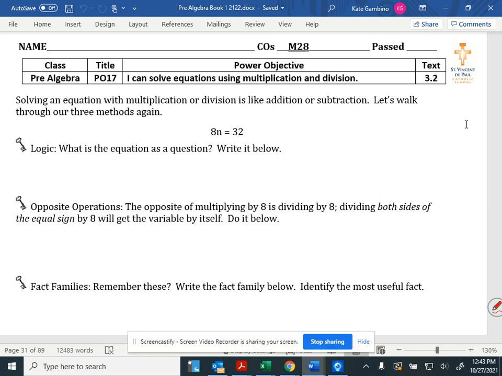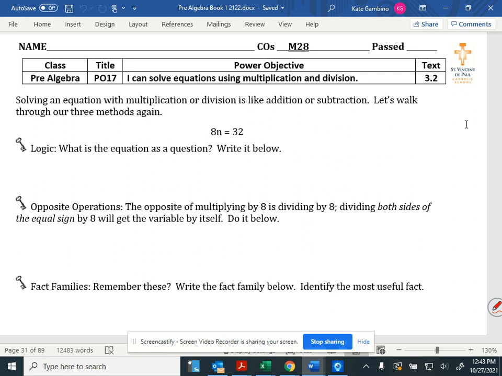So we have our logic. If it's 8n equals 32, we can write that as a question. We know that the number right in front of our variable means we're multiplying them together. We don't see the operation listed. We just know if it's right next to it, it means multiply.